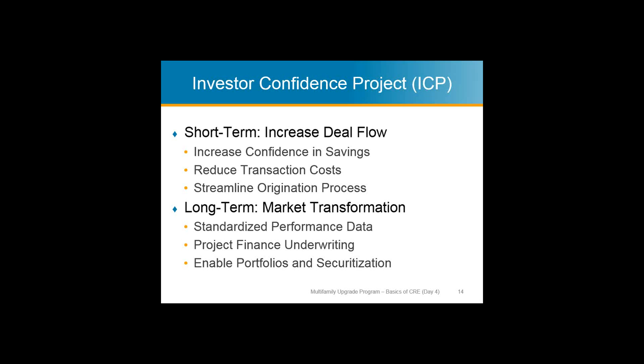So in the short term, they want to see more projects adopting their protocol. That will increase confidence in savings projections. It'll reduce transaction costs. If everybody's speaking the same language and they have something like the ICP to hang their hat on, they don't have to spend so much time and money fact-checking each other, getting second set of eyes, getting third-party verification reports, those type of things. And all of that goes towards streamlining the origination process.